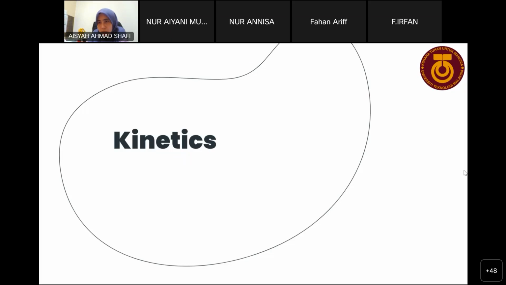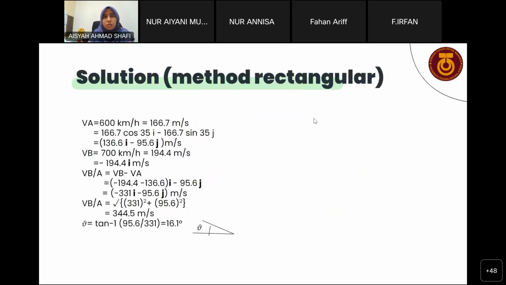Why is the VBA, the J part, negative 6.6, not 0 minus 6? Oh, okay. Okay, for this one, for the rectangular, for the VBA it is VB minus VA.